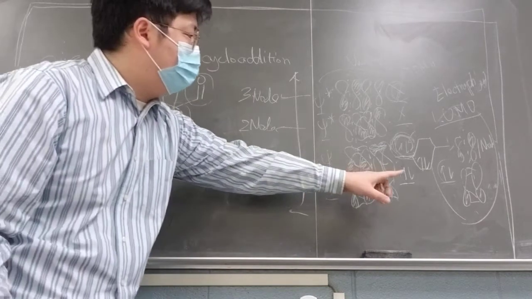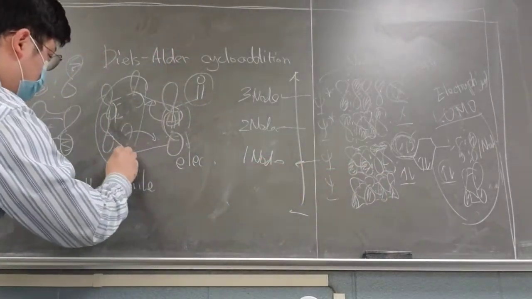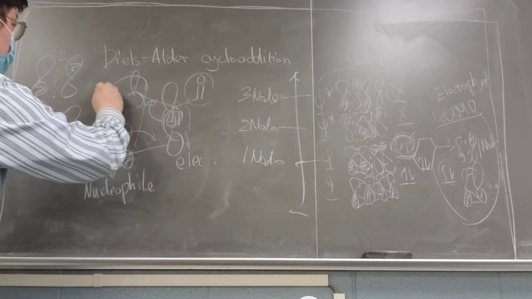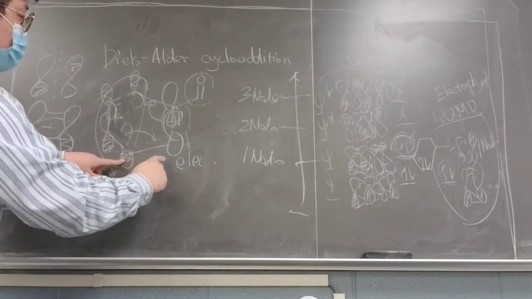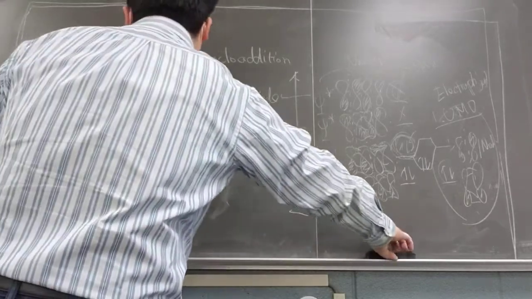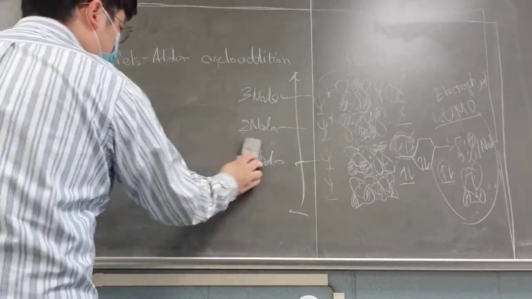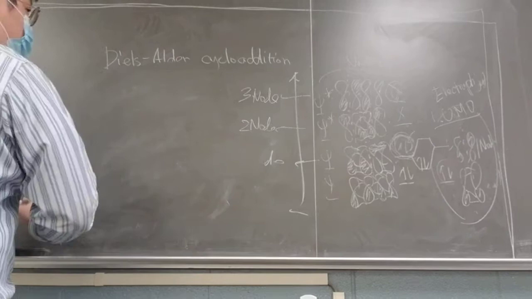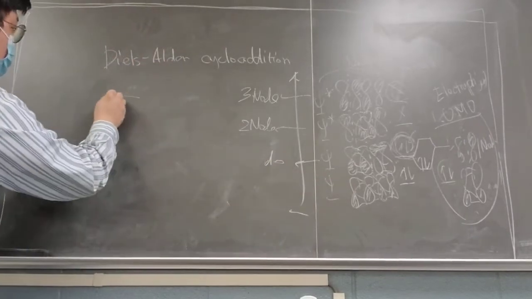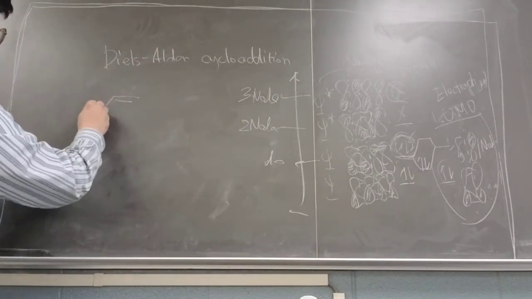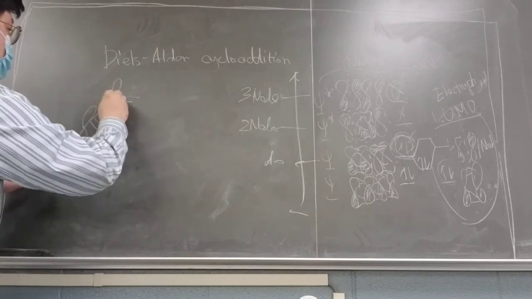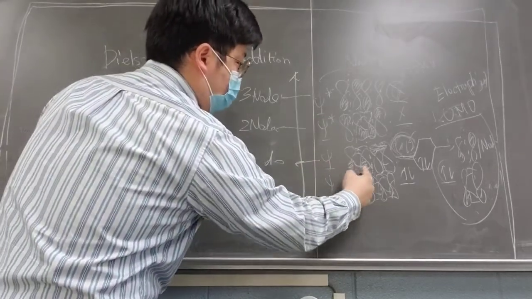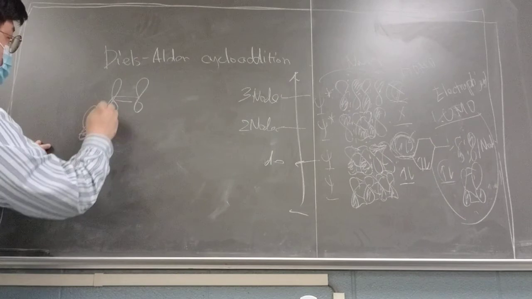So it happens when those two, so this is two double bonds, right? Okay, but the second highest is the one that is one lower.